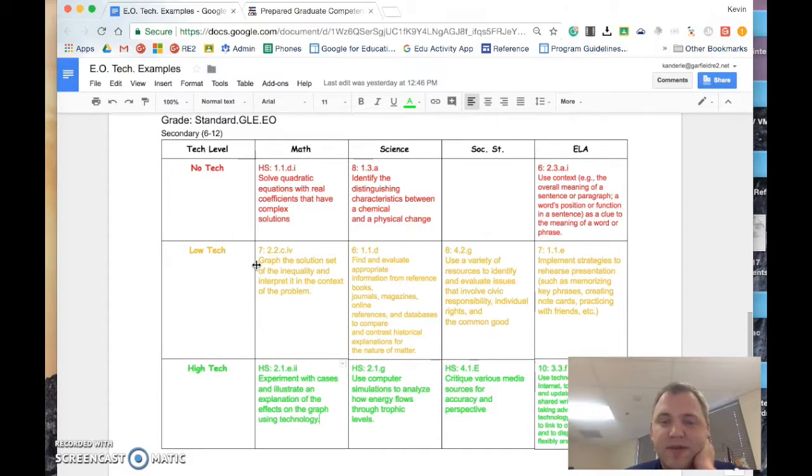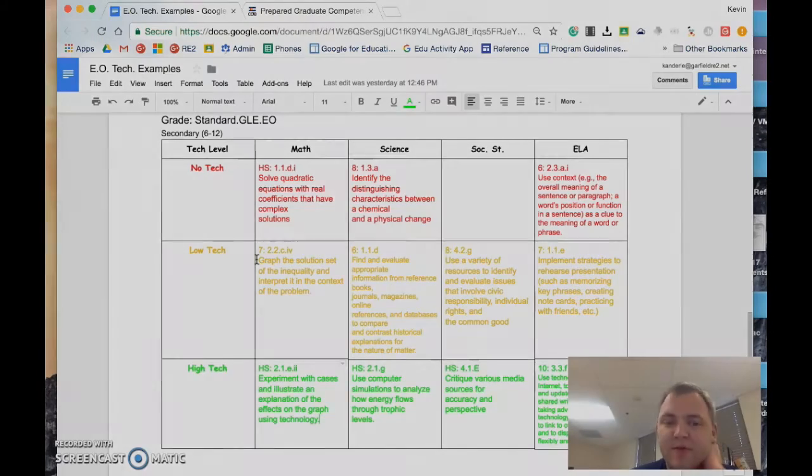Well, there's plenty of teachers that can do a graph paper with colored pencils, and it can turn out really well. Some other teachers that are skilled with graphing software like Excel or Sheets or something like that can put together a really good graph using the technology. It just depends on what's available to that teacher, what the teacher's comfortable with, and what they're doing in their classroom.